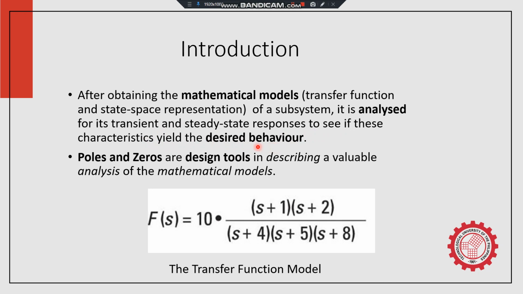In doing so, the poles and zeros are design tools that provide a valuable analysis of the mathematical model. Later on, by simply looking at the transfer function, we might be able to describe the characteristics of our system.